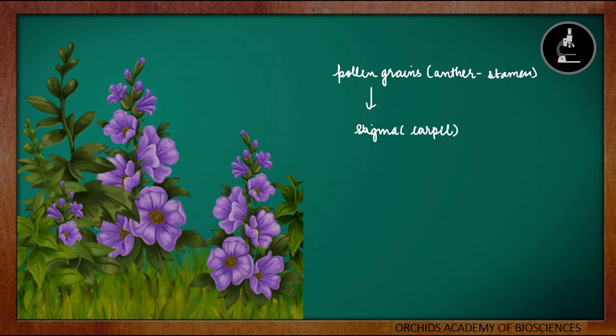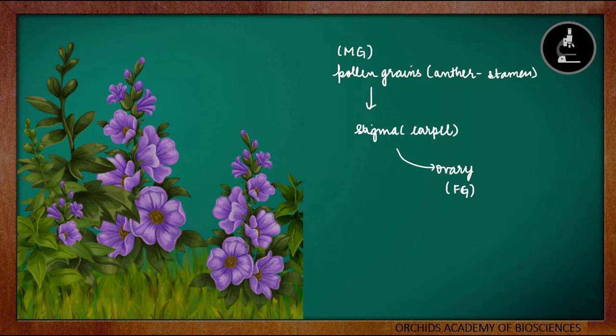So there has to be a mechanism or some method through which these pollen grains which contain the male gametes will reach the stigma, because after reaching the stigma it will go through the style and reach the ovary, and the ovary will contain the female gamete. So this pollen grain has to reach the stigma.